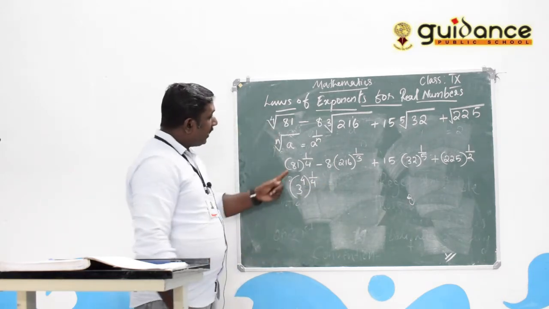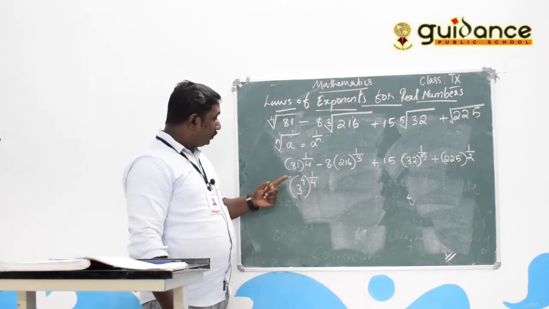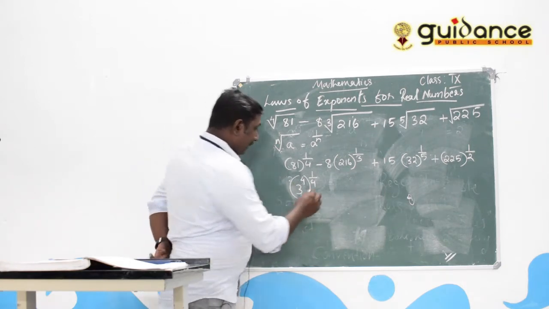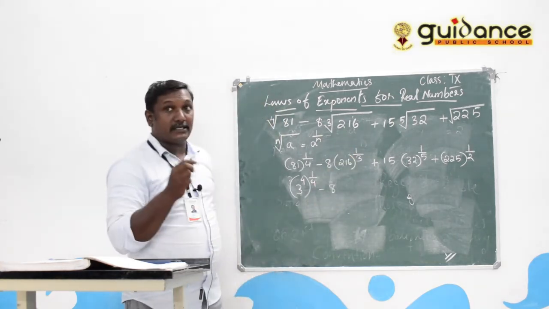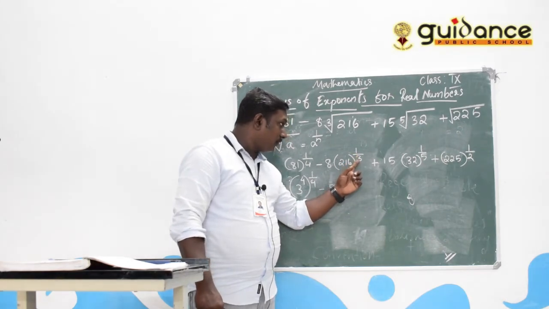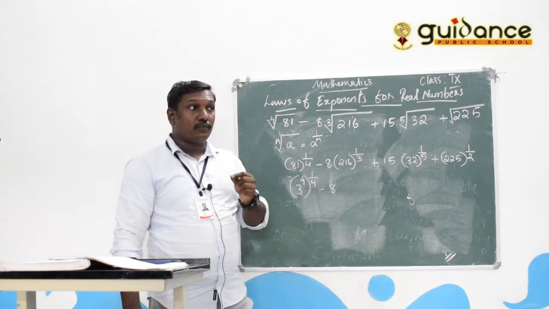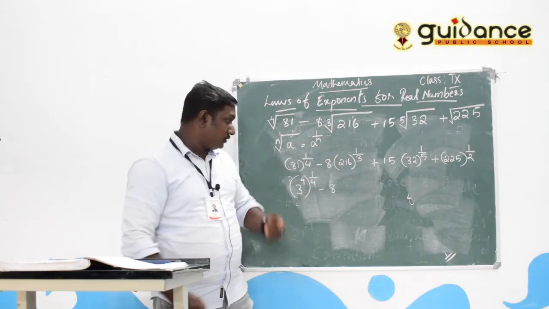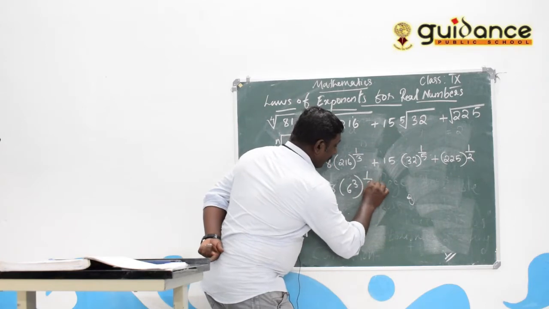Then minus 8 into 216, which must be a cube of something because the denominator of the exponent is 3. So 216 is the cube of 6, and we can write 6 cube all raised to 1 by 3.